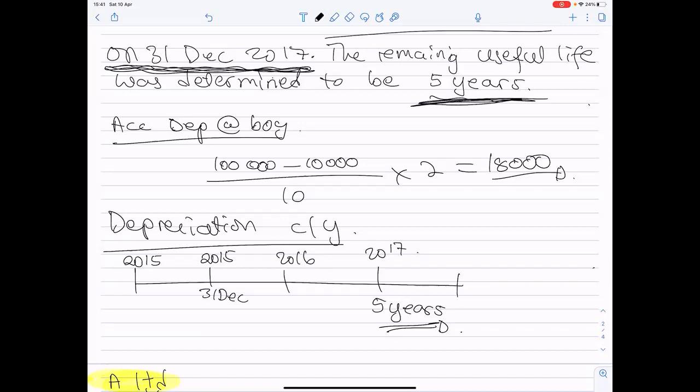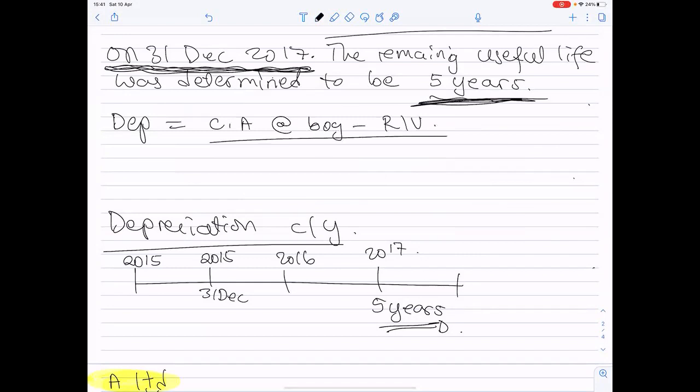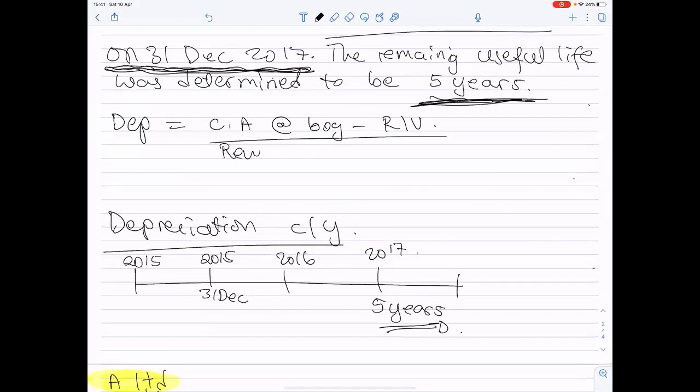So the question is, when we are charging our depreciation in the current year, since we have changed the remaining useful life, it will be your carrying amount at the beginning of the year minus your residual value divided by the remaining useful life of the asset at the beginning of the year.